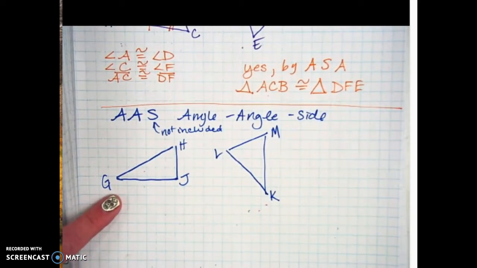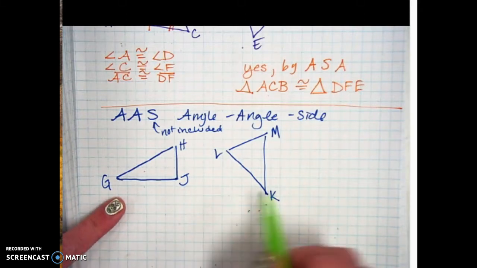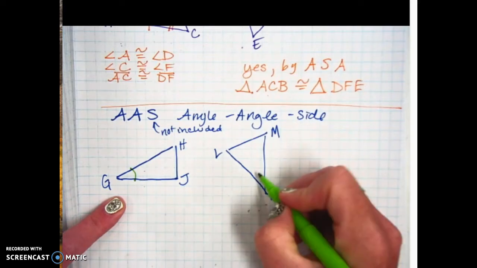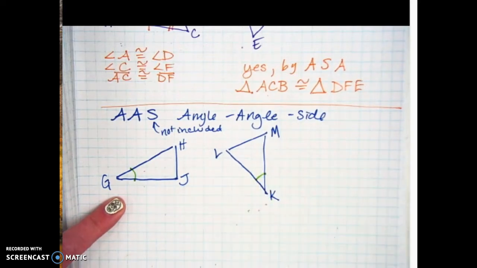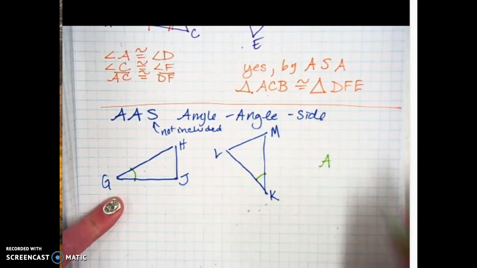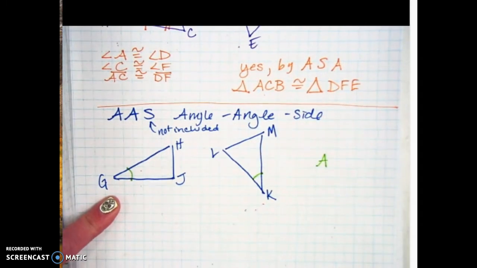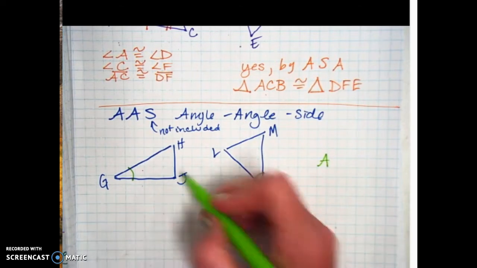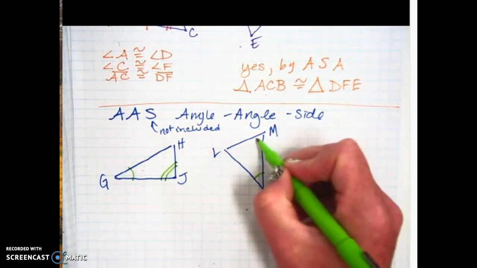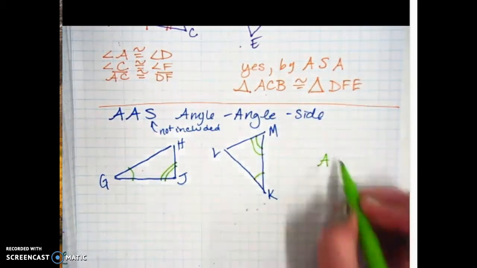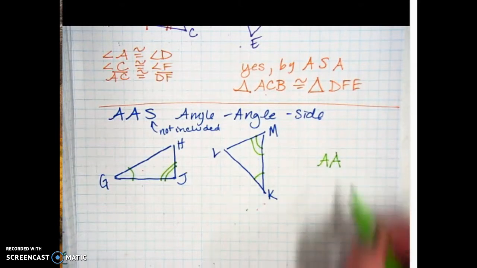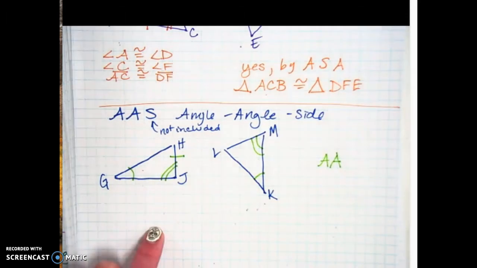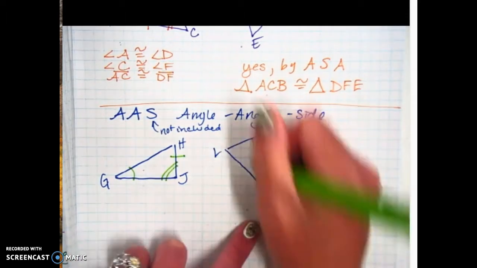So we're going to say that angle G is congruent to K. So we're going to put a single arc at G and a single arc at K. That gives us our A for our angle. And then angle J is going to be congruent to angle M. So we're going to put double arcs because they're the second set. That's our second A. And then HJ, side HJ, is going to be congruent to side LM.